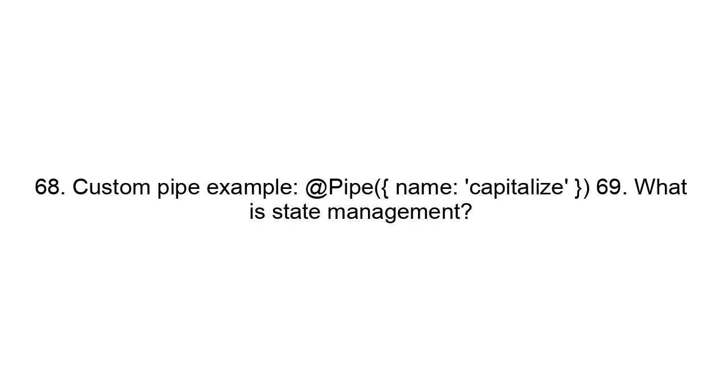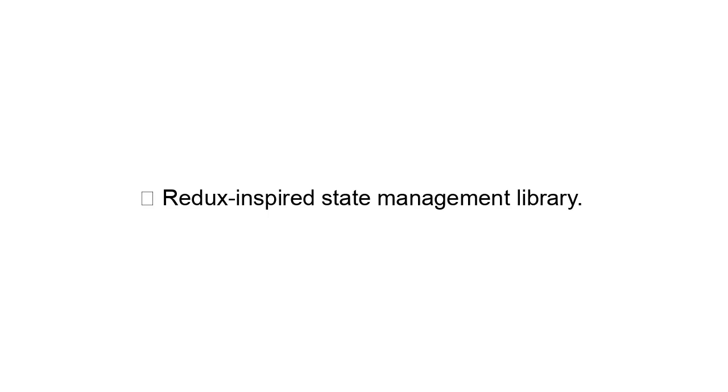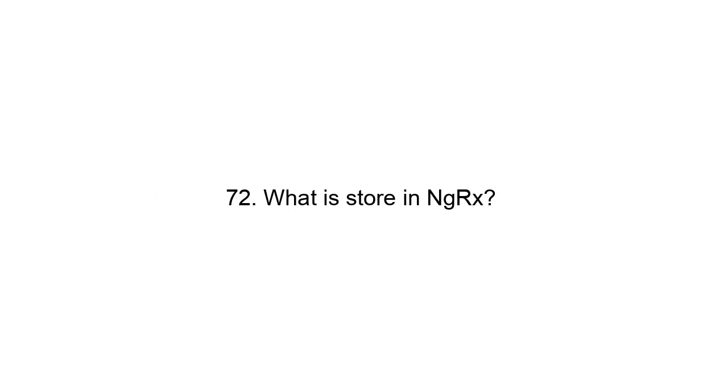69. What is state management? Managing application state centrally. 70. Popular state management libraries: NgRx, Akita, NgXS. 71. What is NgRx? Redux-inspired state management library. 72. What is store in NgRx?